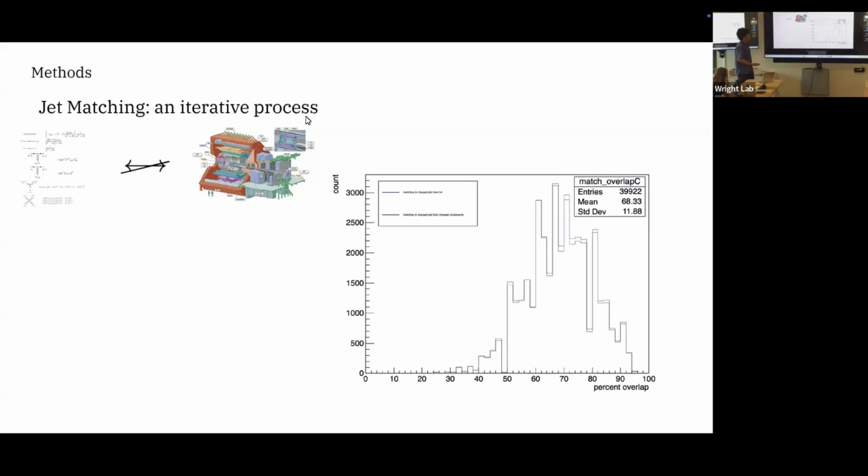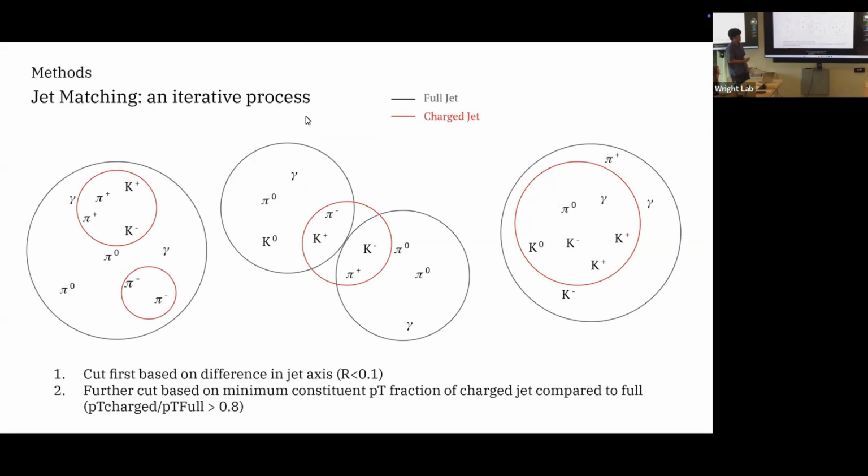This is an interesting problem because naively, you would not expect jet matching to be one-to-one. And in fact, we figured out that it's not. You can imagine if you have an algorithm that's clustering jets, and particles that are close in space are all charged, you might get 2 charged jets per full jet, or you might get some weird clustering where you get 1 charged jet per 2 full jets, or the ideal case where you get 1-to-1.